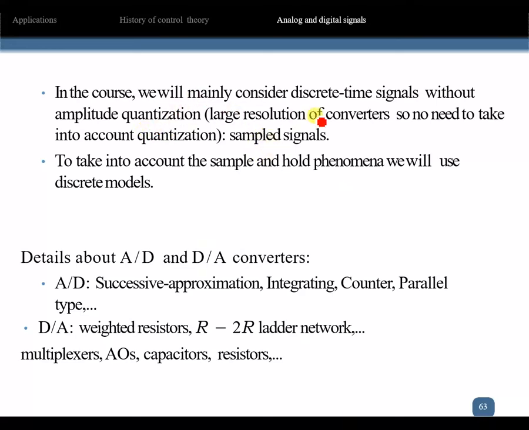And here they said that in this course the quantization and the coding will be eliminated, and we use just the TS, or sampling, for changing analog to digital.